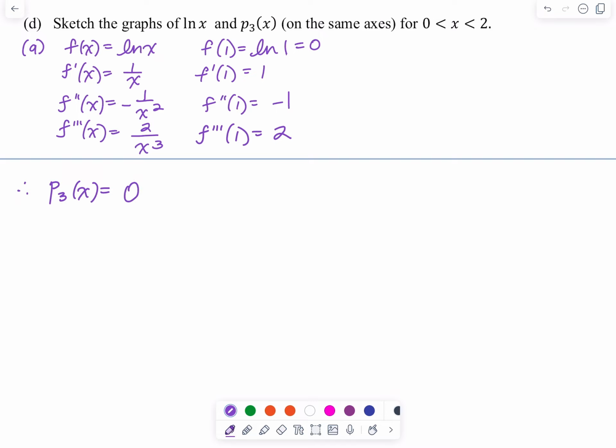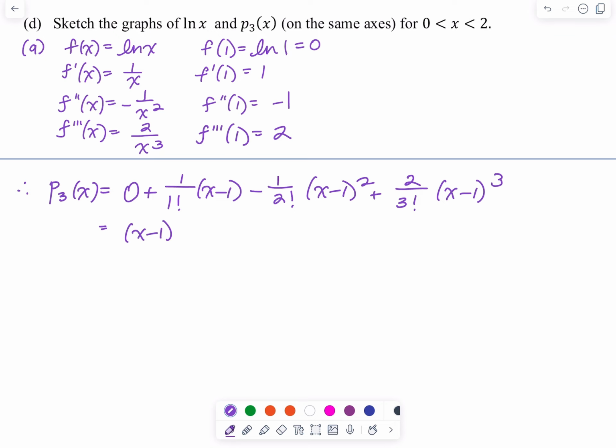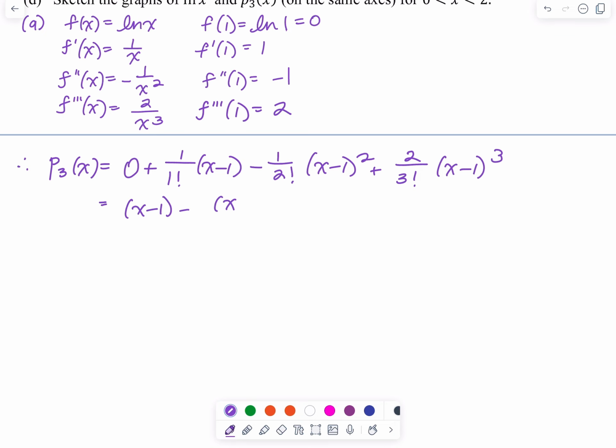That's our f of 1 term, plus 1 divided by 1 factorial multiplied by x minus 1, minus 1 divided by 2 factorial multiplied by x minus 1 squared plus 2 divided by 3 factorial multiplied by x minus 1 cubed. So what we end up with is x minus 1 minus x minus 1 squared over 2 plus x minus 1 cubed over 3.